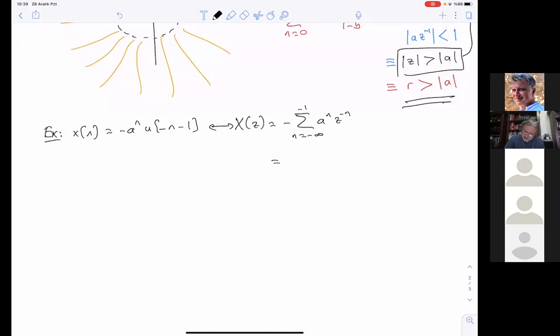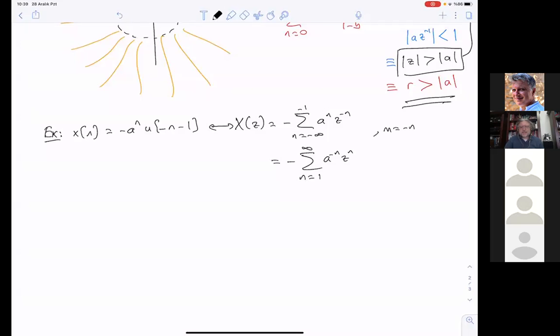Let's say m is equal to minus n or something like that. With this replacement of variables, it's also equal to, this time from 1 to infinity, a to the minus n z to the n.